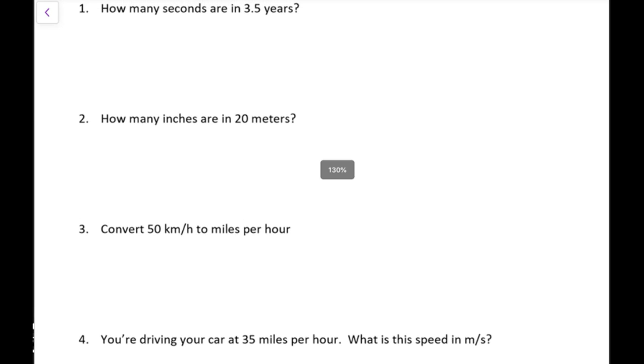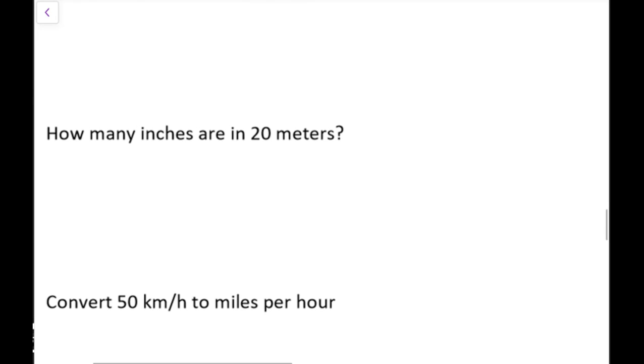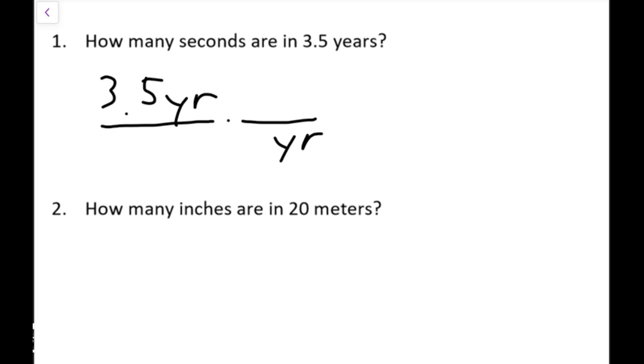How many seconds are in 3.5 years? So when you're doing this type of problem, always start off with what they give you, 3.5 years right here, and then just go from there to the desired unit. And so we're just multiplying by our conversion factors. 1 year, we know that's 365 days.